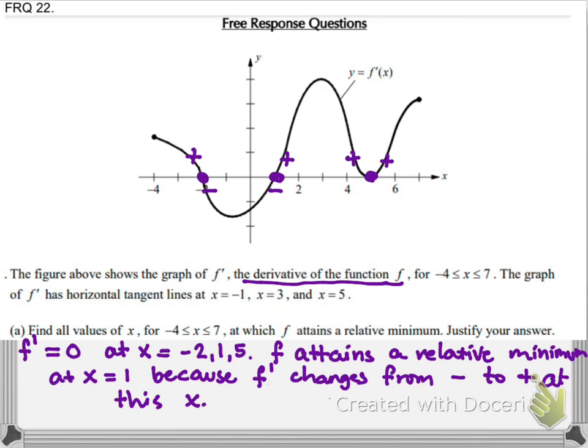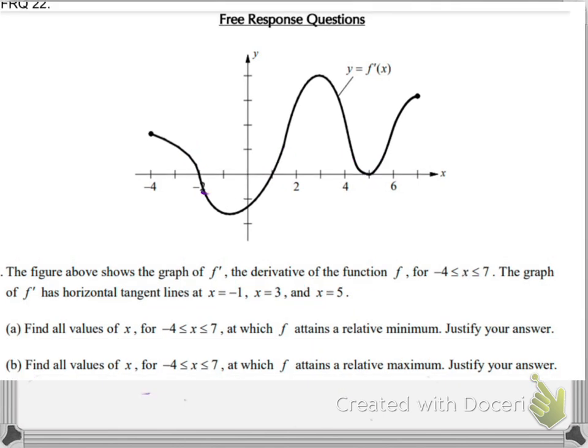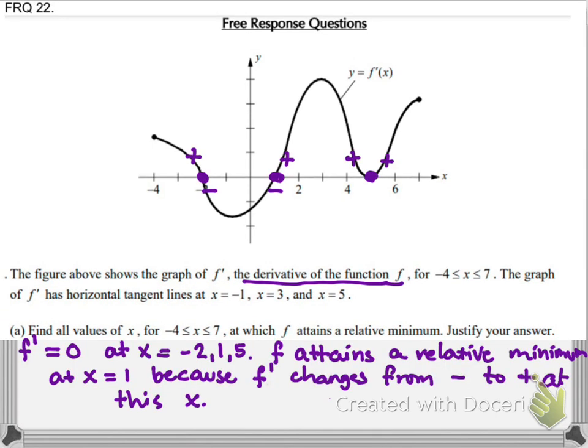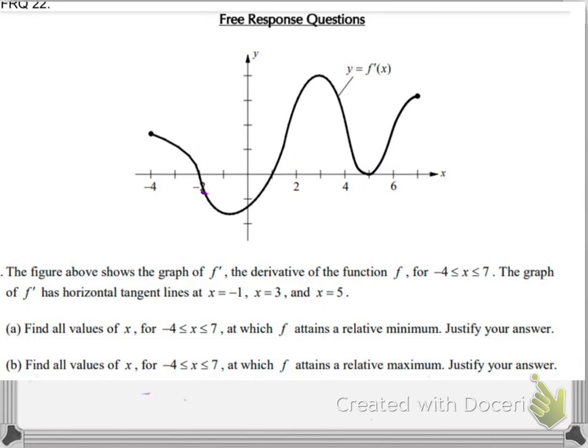Okay, let's take a look at question letter B. Question letter B is the same, but we're looking for the maximum. And we've identified it from the previous slide. The maximum is at x equals negative 2 because f prime changes from positive to negative. So I'll just say the same thing.